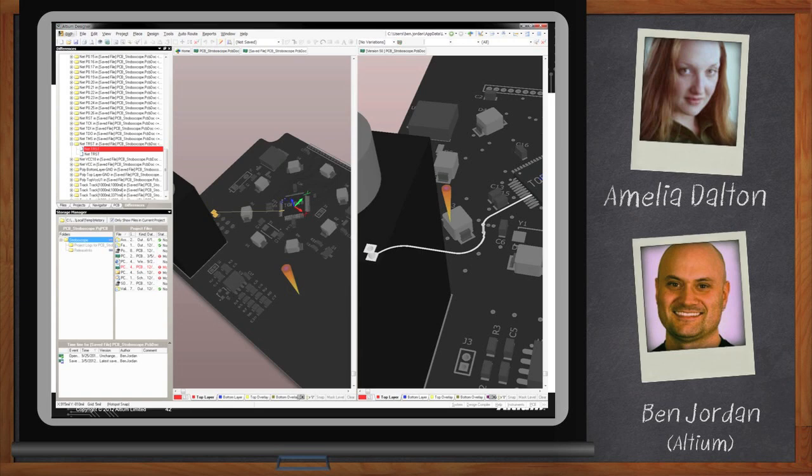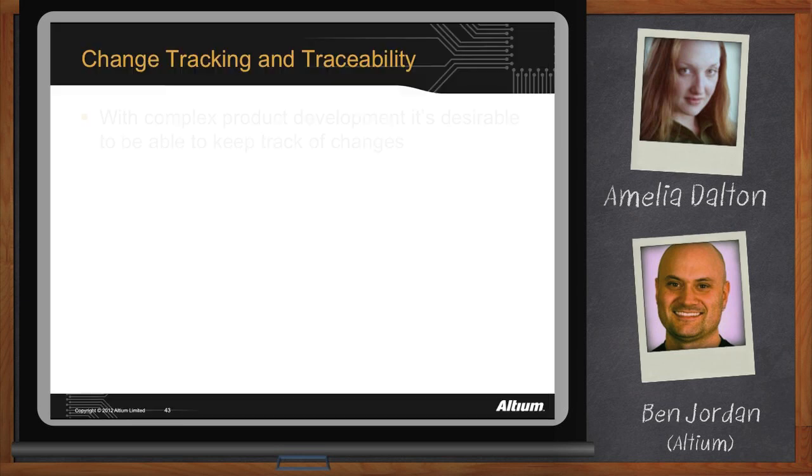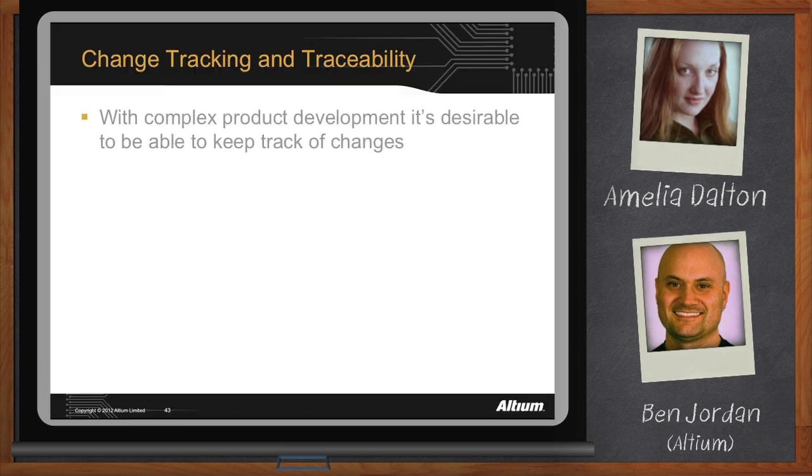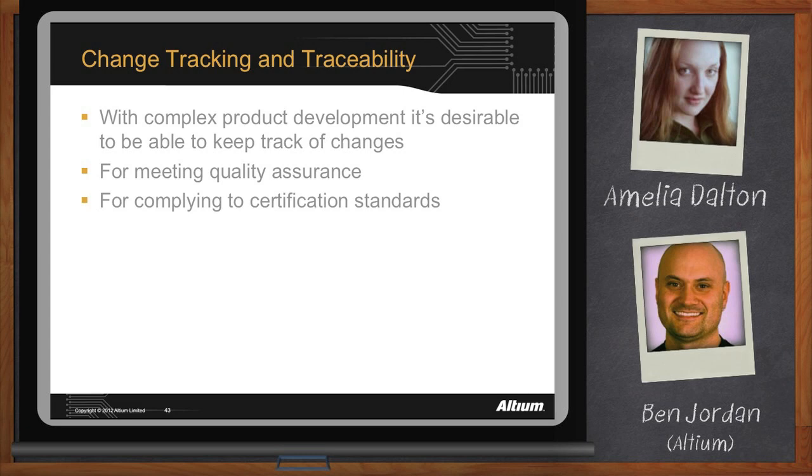Okay, now a lot of us have to deal with standards and certifications. It seems like version control can help us with that as well. It sure can. Obviously, with complex product development, it's desirable to be able to keep track of changes, but really for meeting quality assurance, for complying to different certification standards like DO178B or DO254 and others, you have to be able to keep a record of every change to the sources for traceability.